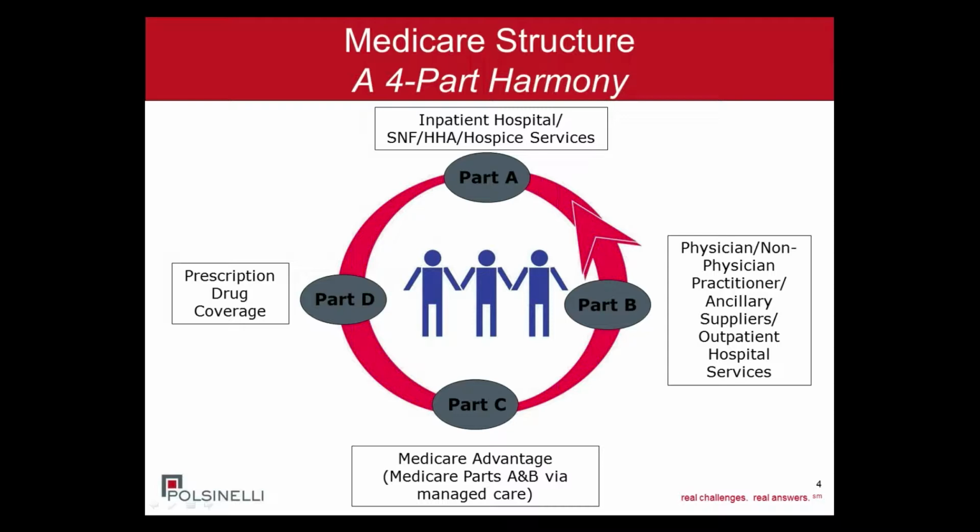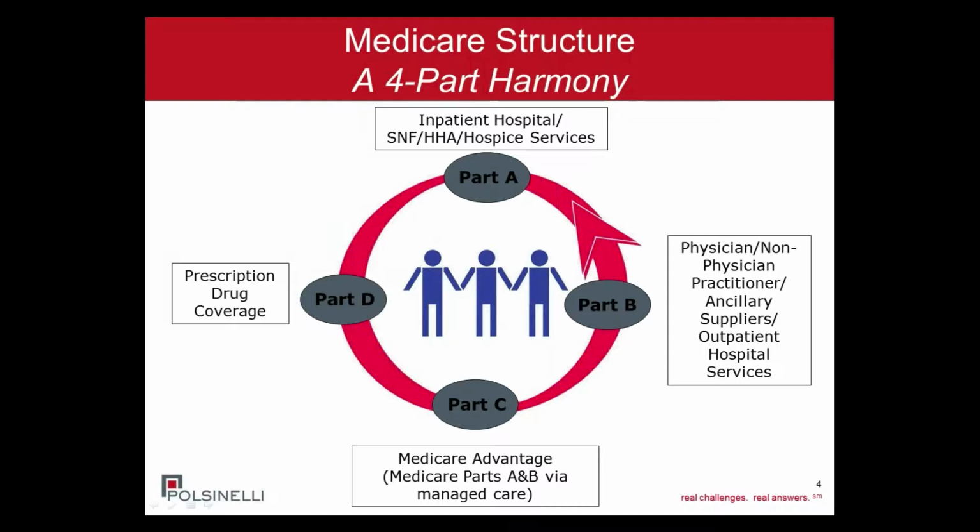Part B covers generally physician visits, outpatient hospital services, durable medical equipment, certain drugs, and diagnostic tests. They're also subject to a deductible from the beneficiary's perspective of a little less than $200 every year, and cost sharing as well. Part C is also known as the Medicare Advantage program.